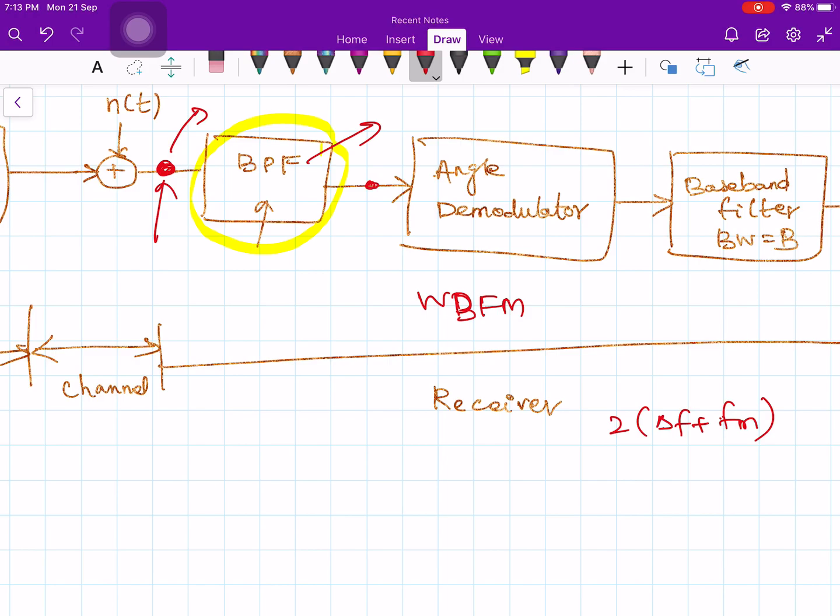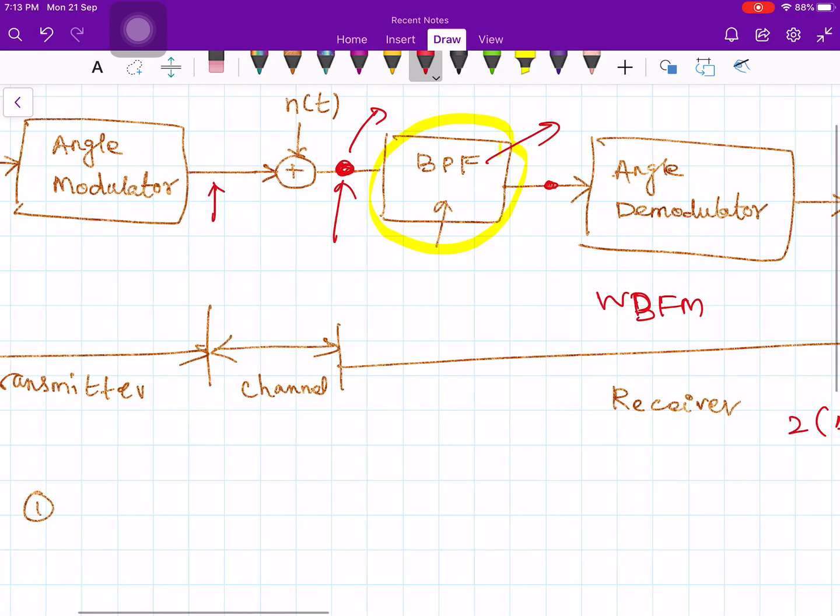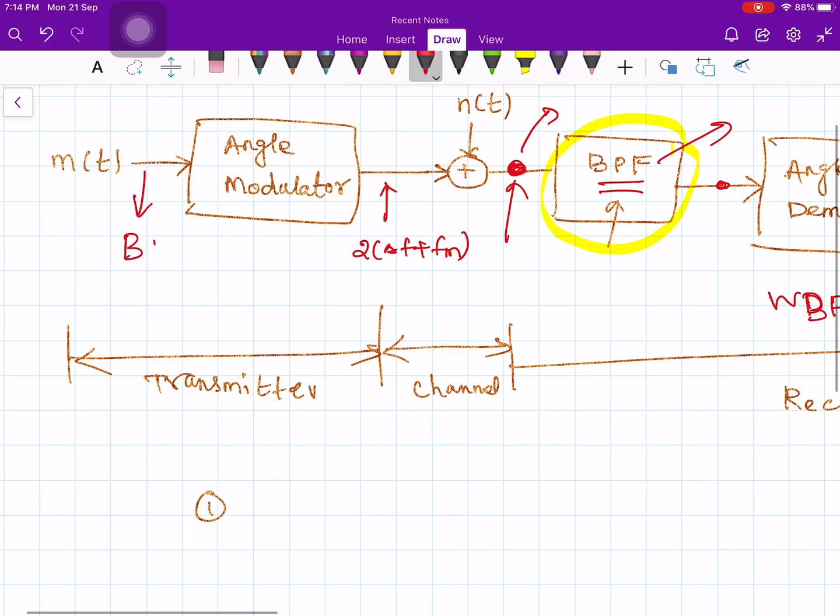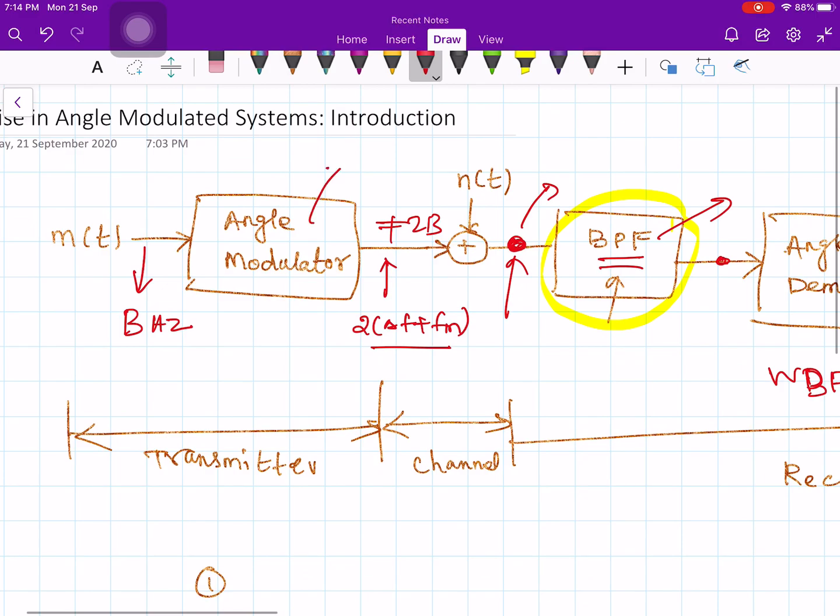So once you do the angle modulation, what is the bandwidth of your signal? That is 2 times delta f plus fm. So that much bandwidth should be available in this band pass filter. That is the very first point. Your message signal has a bandwidth of B hertz only, but the moment you do the modulation, the bandwidth becomes 2 times delta f plus 2fm. It is not equal to 2B. Please remember that. The bandwidth of the band pass filter will depend on the peak frequency deviation, delta f, of the angle modulator.